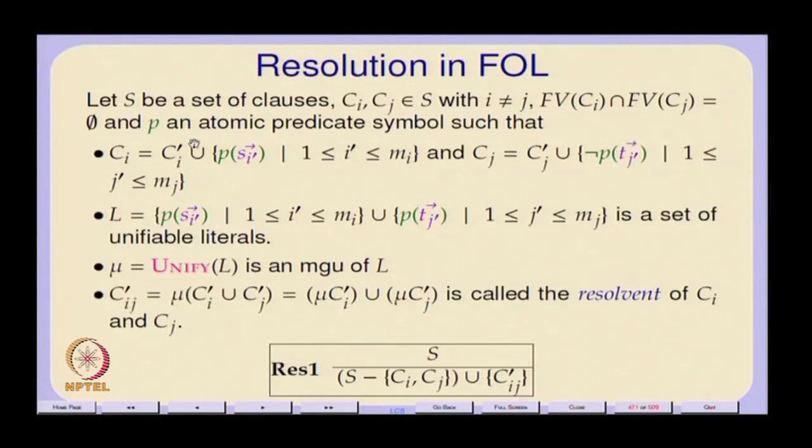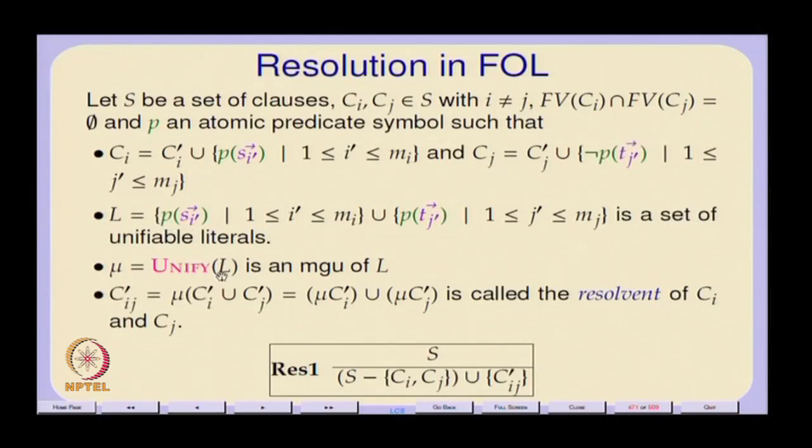You take the set of clauses which have P as an atom and the set of clauses which have not P as an atom. The terms, the arguments may be different. So what you do is you choose this set and try to unify it.